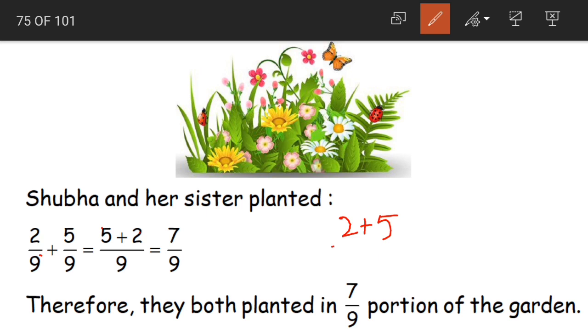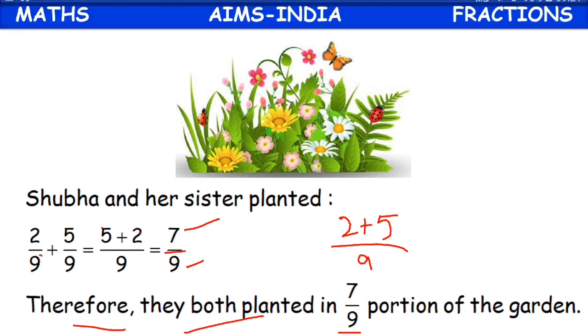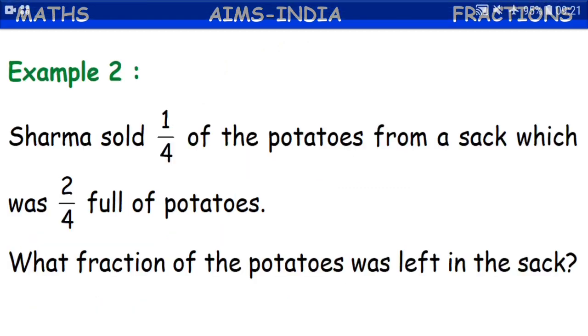Yes. So 2 plus 5 divided by the common denominator 9. Now 2 plus 5 is equal to 7 divided by 9. So what is the total portion? Therefore they both planted in 7 by 9 portion of the garden. So what is the total portion in which they have planted? 7 by 9 portion of the garden. Clear, children?